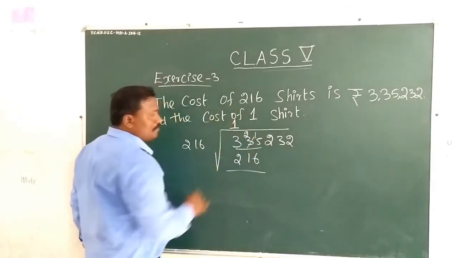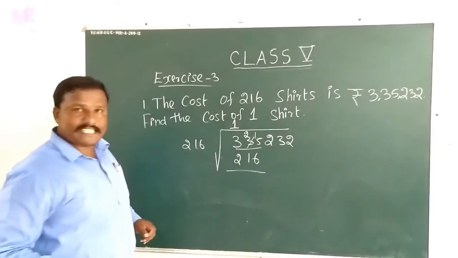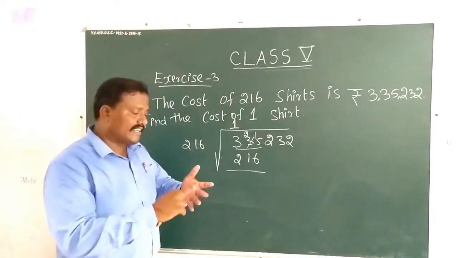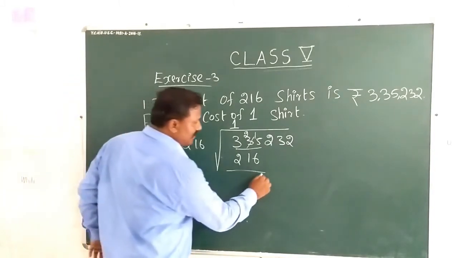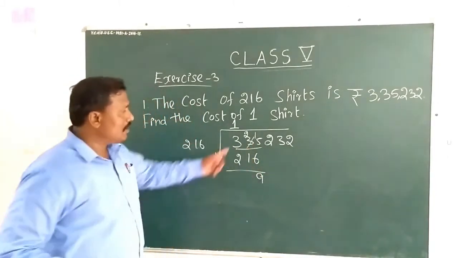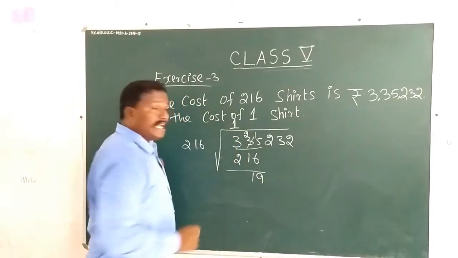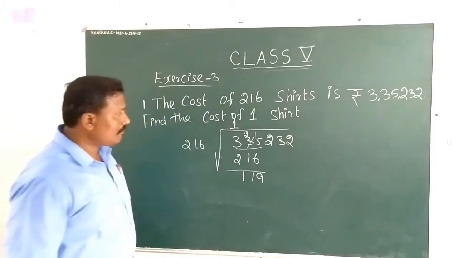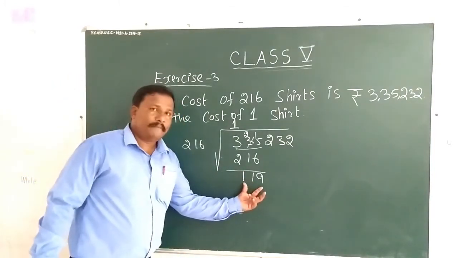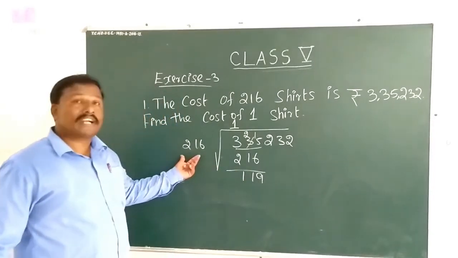Here it becomes 2, and here it becomes 15. 15 minus 6 is 9. 2 minus 1 is 1. Then 3 minus 2 is 1.